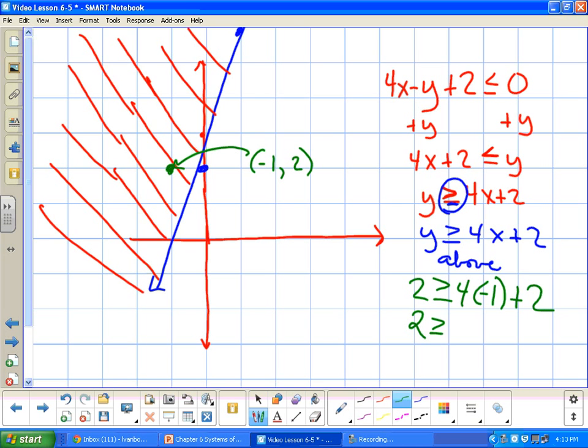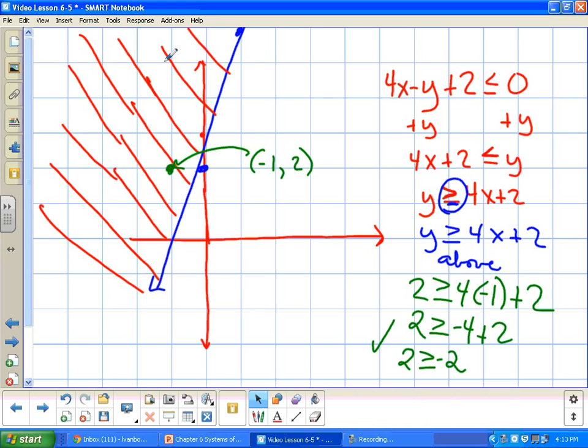I will simplify. 2 is greater than or equal to 4 times -1, which is -4, plus 2. 2 is greater than or equal to -4 plus 2, which is -2. This is a true statement. Therefore, I know that I have shaded in the correct direction.